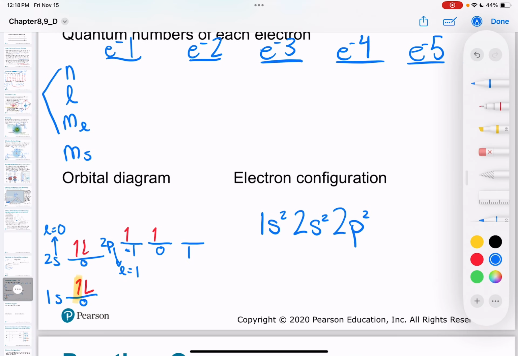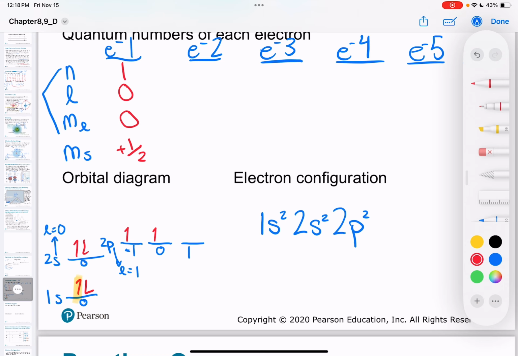Okay, so for that first electron, back to that, the one highlighted in yellow. The n is 1, the L is 0, the m sub l is 0, and the m sub s is +1/2. It's in the 1s orbital, so that's why the n is 1. s is equivalent to L equals 0, so that's why the L is 0.